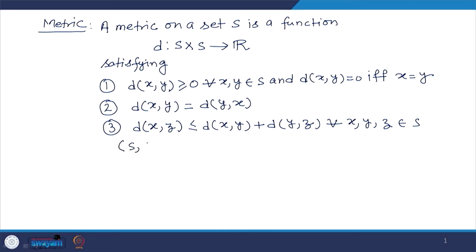The set S together with this metric is called a metric space.